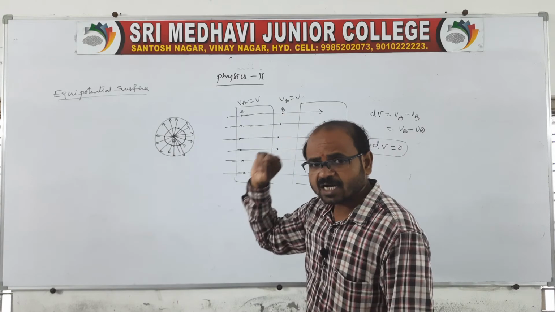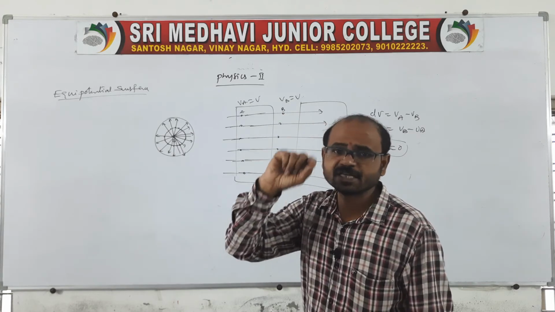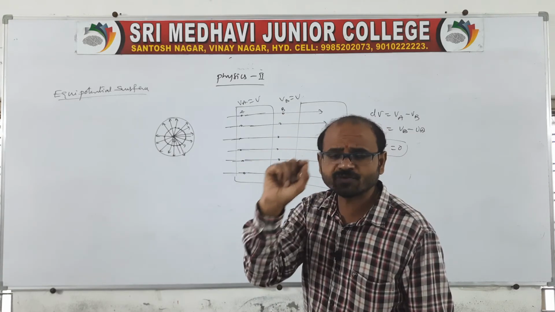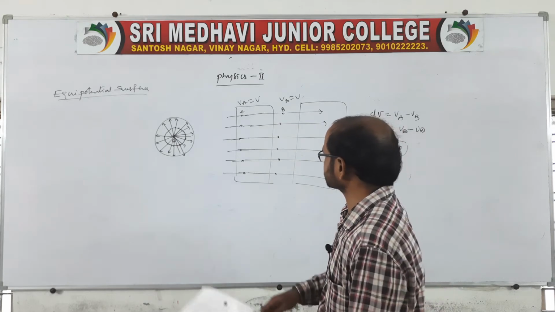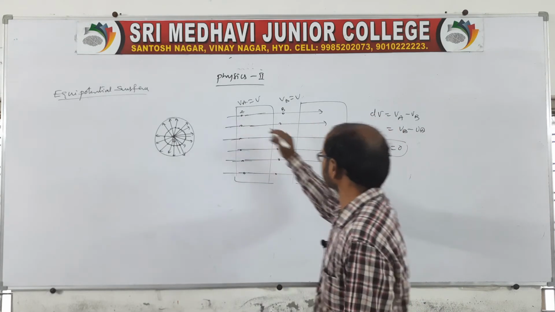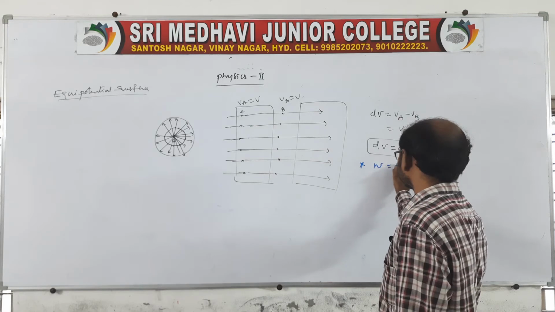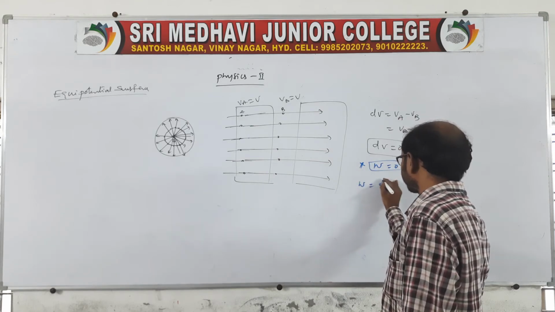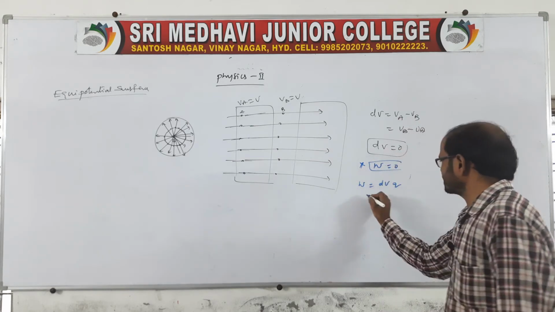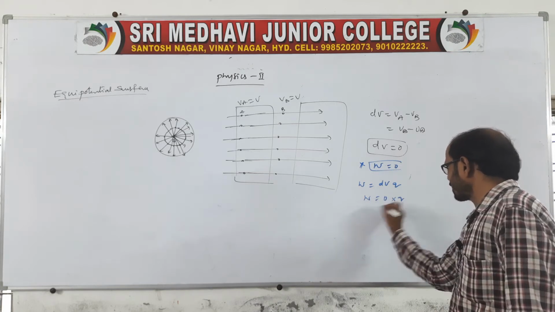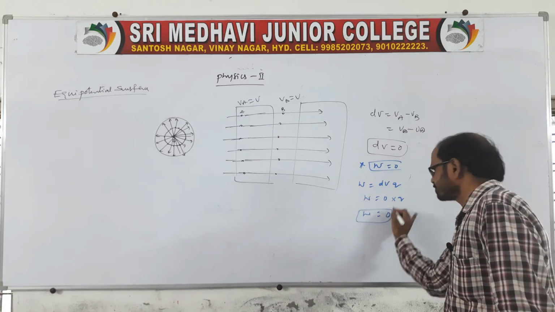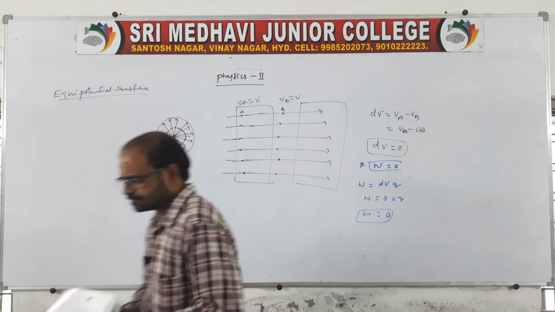But if a charge is moved in a given equipotential, if a charge is moving on an equipotential in a given field, the work done will be 0, because work done is nothing but dV into Q. Of course dV is 0, so 0 into Q, again it is 0 we will get. That's what I mean to say.